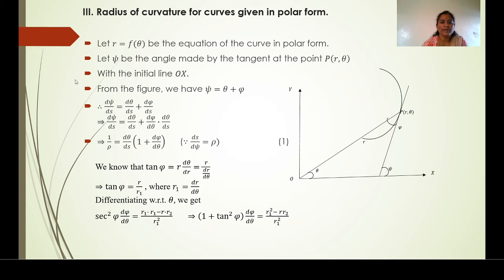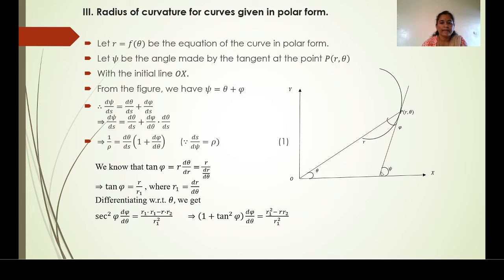Next we move on to the radius of curvature for curves given in polar form, that is, the curve in terms of r and theta. Let us consider a curve r is equal to f of theta, the equation of the curve in polar form.